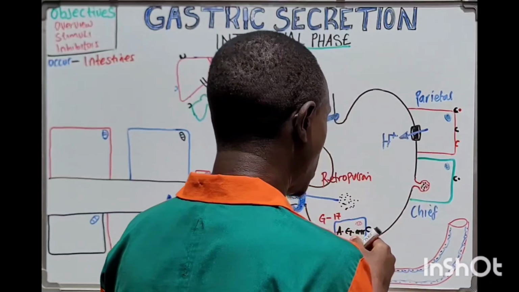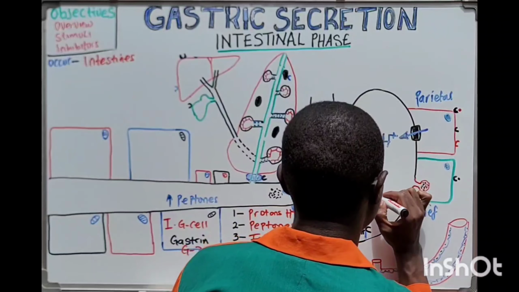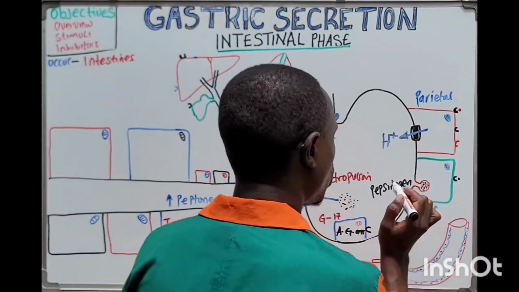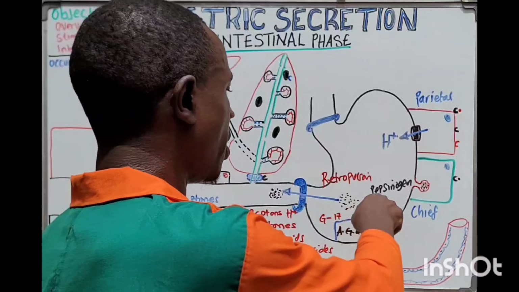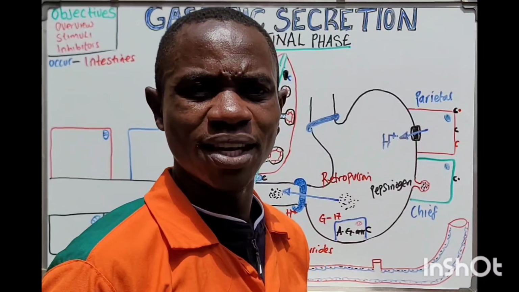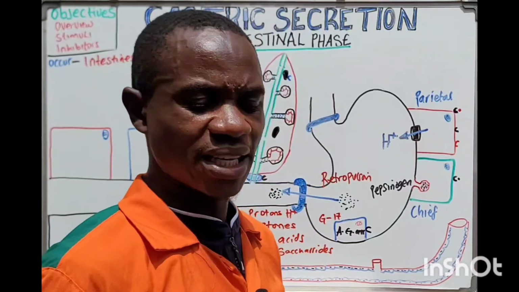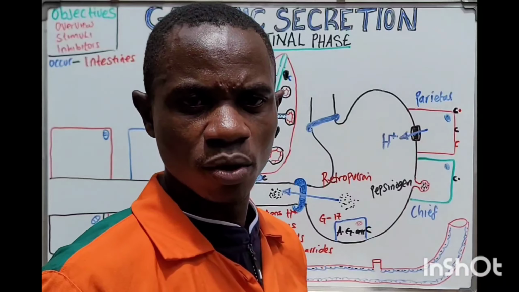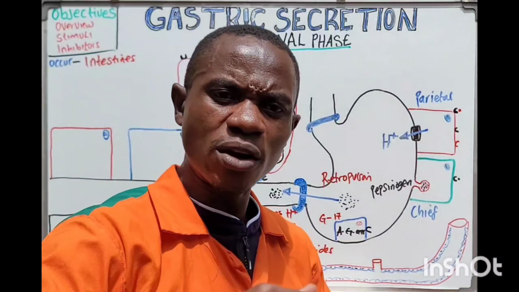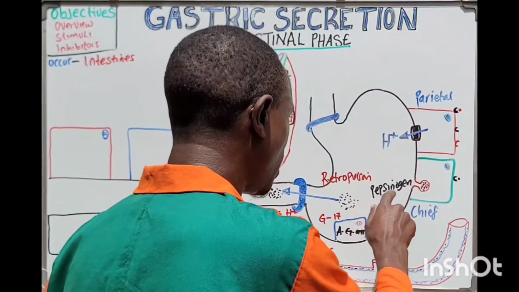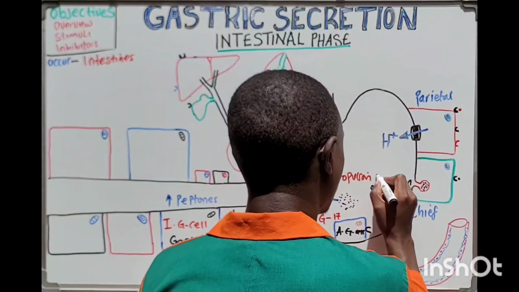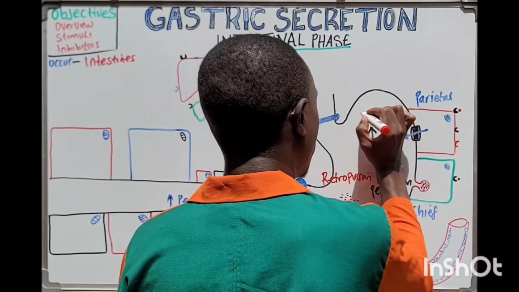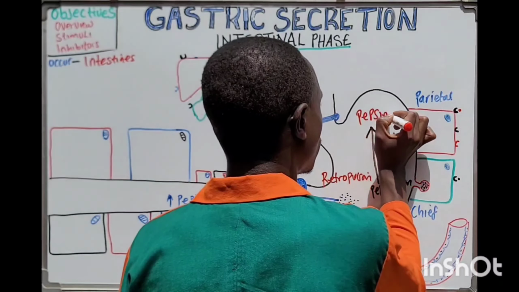Now you have a release of this molecule we call pepsinogen. Of course, we have said that pepsinogen is an inactive proteolytic enzyme. How is it going to get activated? Under the influence of acid, at a pH between 1.5 and around 3.5, pepsinogen is activated into another, active molecule, which we call pepsin.